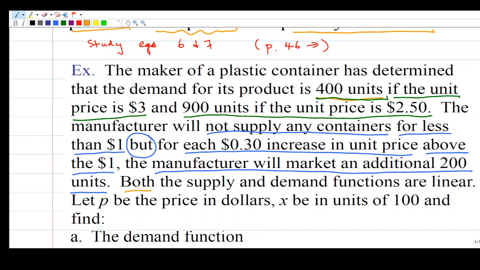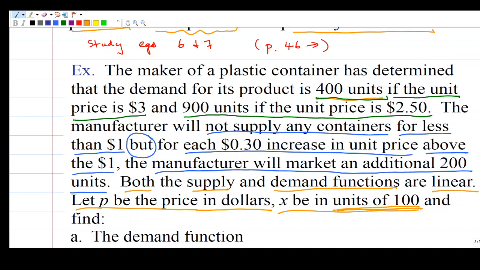Both the supply and demand functions are linear. That's the assumption. Let P be the price in dollars and X be units of 100.